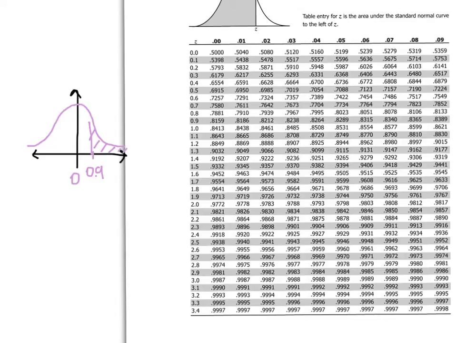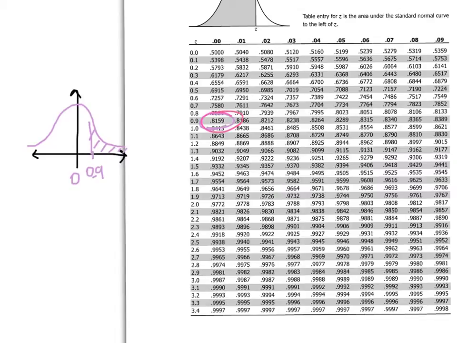Great. So now all we have to do is find 0.9 in our z table. And so we got 0.9, and it's right there. And we want 0.900, so there it is, 0.8159. That's the value we're looking at right there.